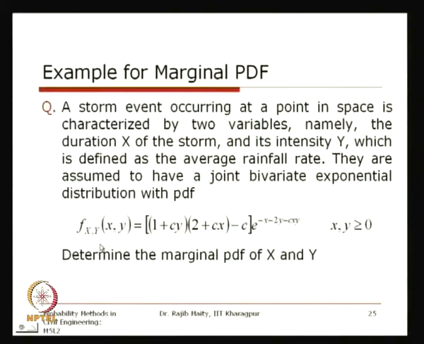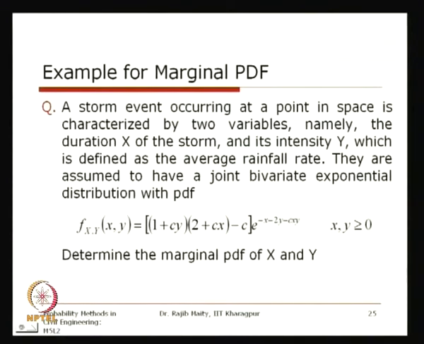Again, I repeat that this joint PDF is given here, and we are interested in the marginal one. But we cannot ask the reverse question, that is, if this is the marginal, what should be the joint, unless we use the theory of the copula, which we will discuss later. So here, the joint PDF is given to us, and I am interested to know their marginal distribution.